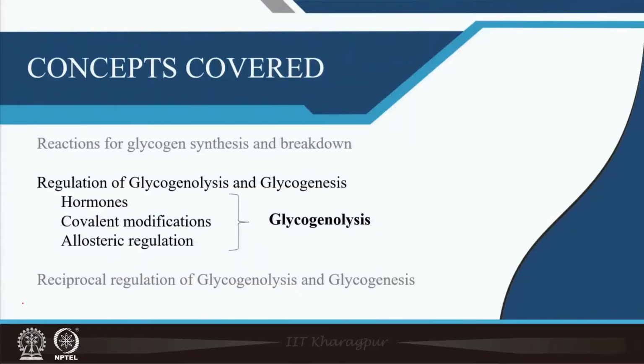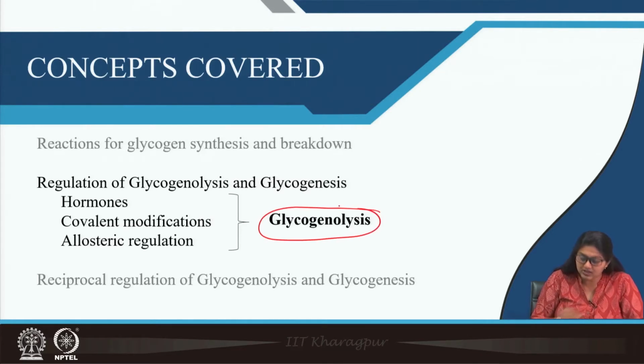In this class, the concepts covered will be the regulation of glycogenolysis and glycogenesis, and how this regulation occurs with the help of different hormones by covalent modifications and allosteric regulation. In this class, we will mainly discuss glycogenolysis, or glycogen breakdown.